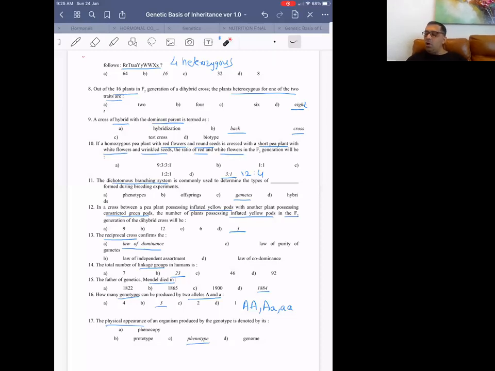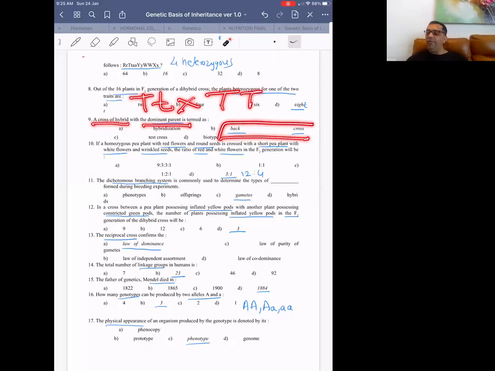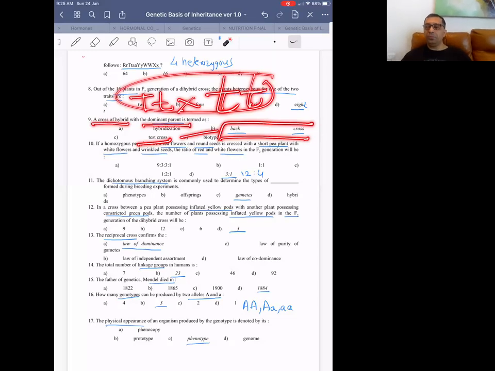Then a cross of a hybrid with a dominant parent is called a back cross. Cross of hybrid, capital T, small t, with dominant parent is called a back cross. If it was a recessive parent, then that would have been called a test cross or a back cross.